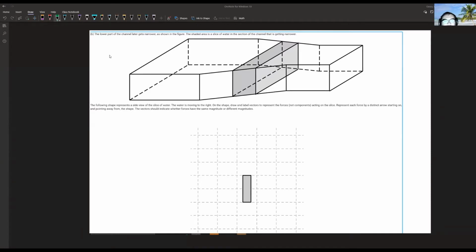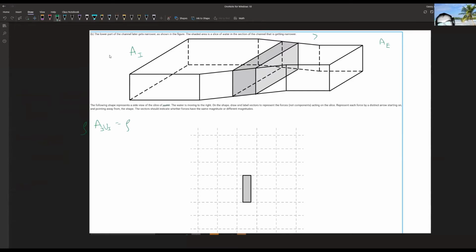Okay, so if we look at this, because this inlet area is greater than this exit area, we can use mass conservation or the continuity equation. Technically there's a little density here, but water is damn near incompressible.